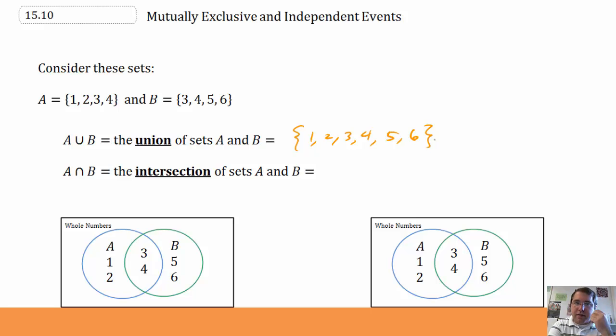We take all of the elements of A and combine them with the elements of B. I don't need to write the 3 and 4 twice because they are in the set. If they are in A, then they are in the union of A and B. So I don't need to write them again. All I'm noting is that they are in the set.